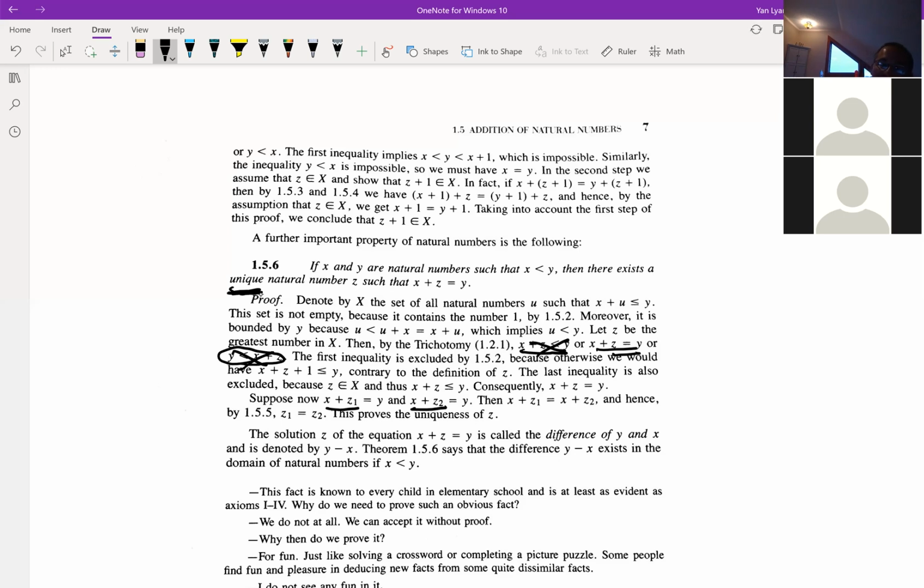Then z1 must be equal to z2. What you proved was the right cancellation law, so you have to rewrite it using commutativity first to have z1 plus x equals z2 plus x. Use commutativity, and then you have your result.